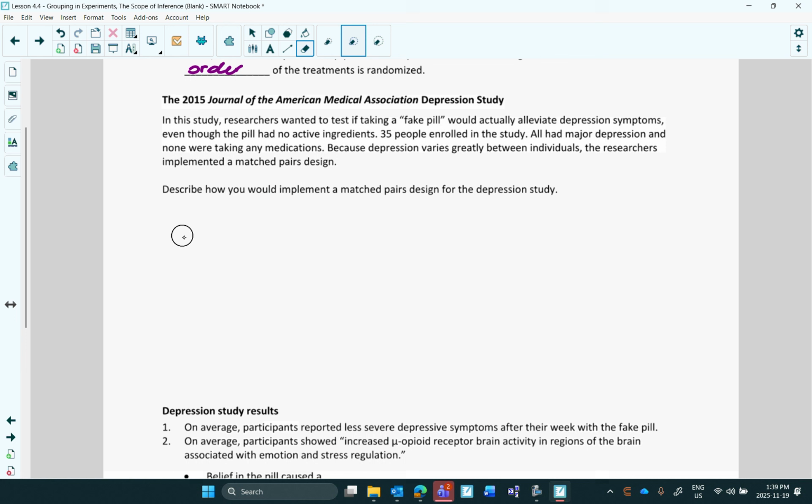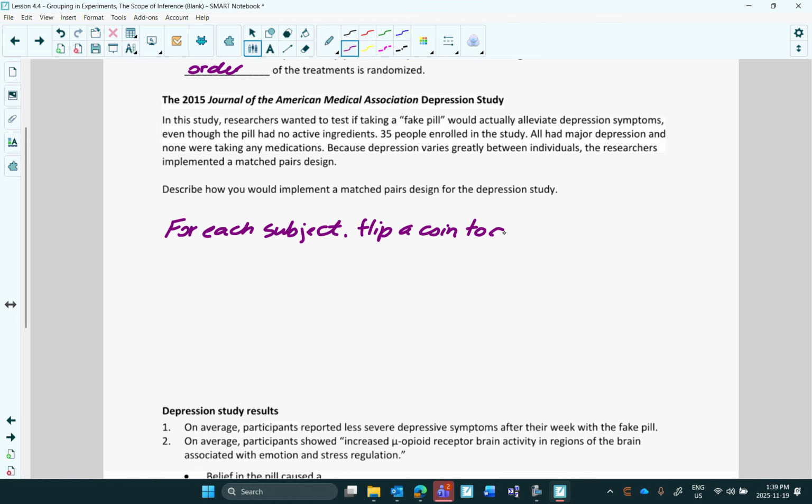For each subject, flip a coin to determine whether they get a fake pill first or no pill.